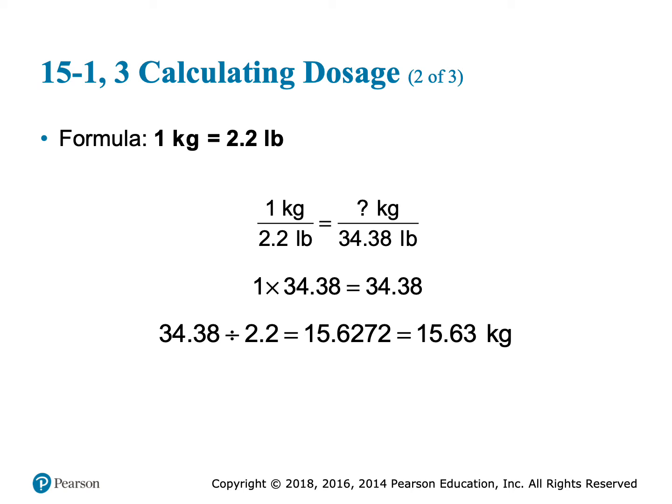Cross multiply and divide, and we should get 15.6272. Then we round to the hundredths place, which gives us 15.63 kilograms. So now we know our kilograms, and we can work on finding the total daily dose and the individual dose.